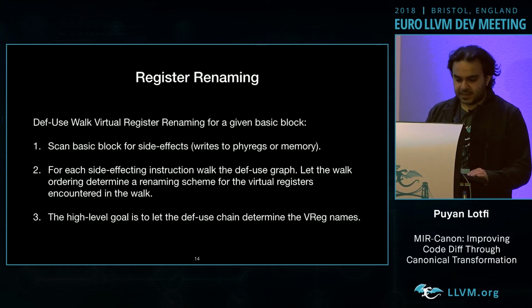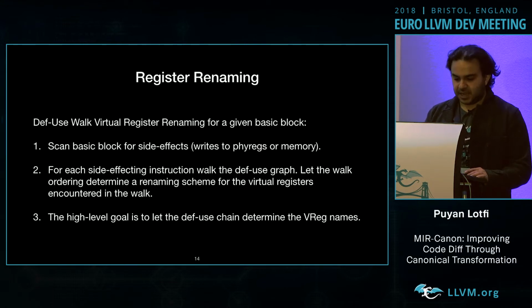The first major technique I'll get into is the def use walk virtual register renaming scheme, and I would say this is the major backbone of MIR-Canon. The way this works is that for a given basic block that we're processing, we scan the basic block for side effects, and these side effects can be either writes to physical registers or stores to memory. For each of these side effects, we process them in a bottom-up ordering based on where they're placed in the basic block.